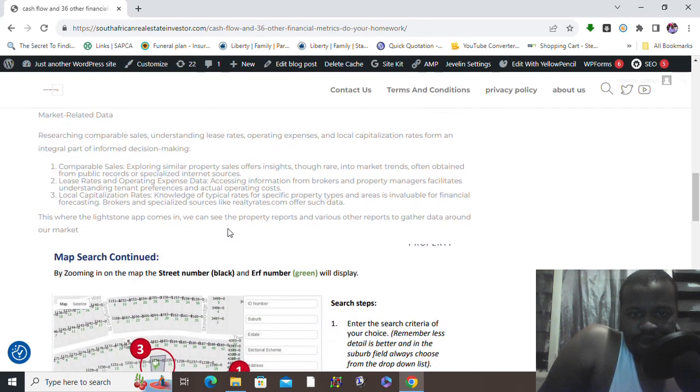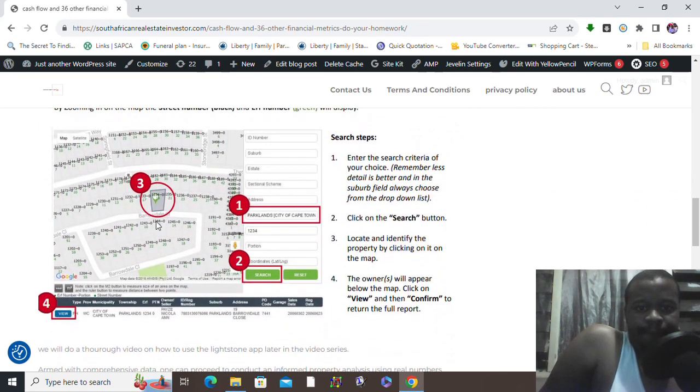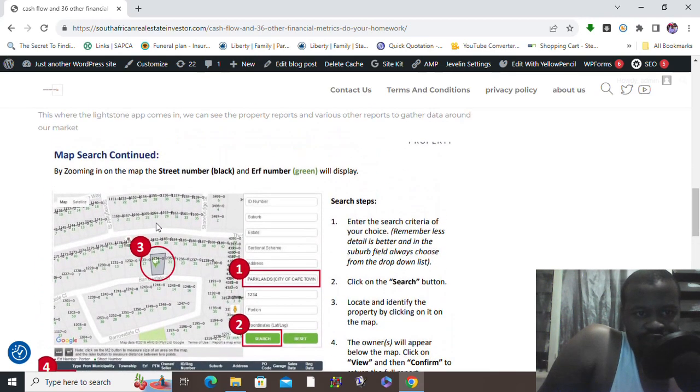We can see property reports and various other reports to gather data around our market. This is usually how you'll navigate through the Lightstone app itself, to check different types of properties depending on where you're trying to search.